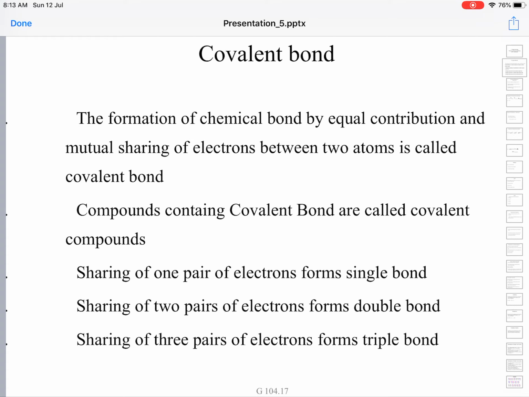So, A provides 2 electrons and B provides 2 electrons. In between them they are sharing 4 electrons, or otherwise you can say they are sharing 2 pairs of electrons. So, sharing of 2 pairs of electrons leads to the formation of a double bond. Likewise, sharing of 3 pairs of electrons forms a triple bond.